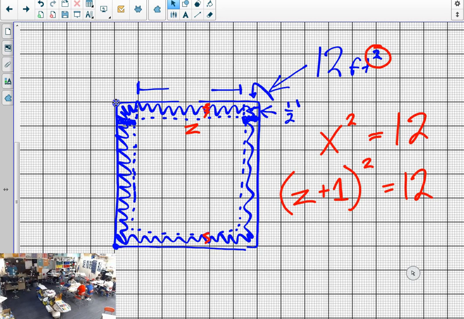So wait, if we just take the square root of 12. So if we take the square root of 12, then z plus 1 equals 3.461.